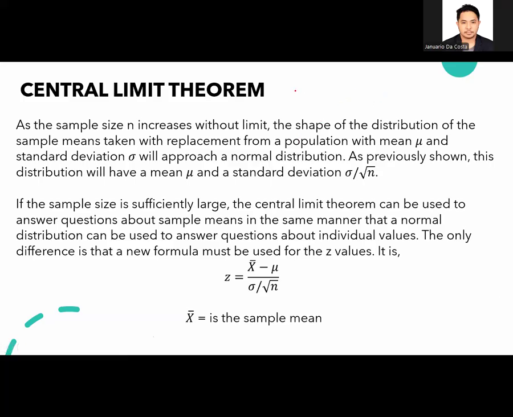But as n increases without limit, the shape of the distribution of the sample means taken with replacement from a population with mean and standard deviation will approach a normal distribution. The more n you take, the more your distribution approaches the normal distribution. As previously shown, this distribution will have a mean of this and a standard deviation of this.